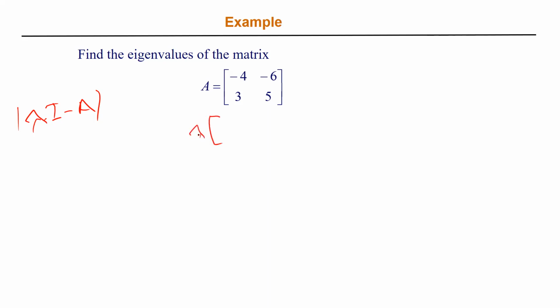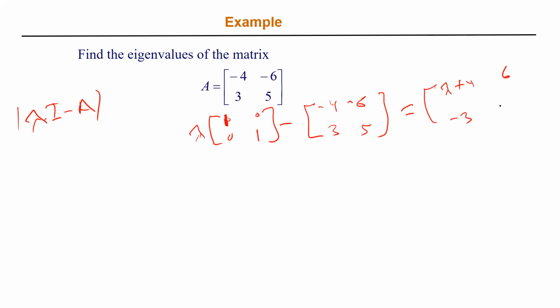So basically, we will have lambda times [1, 0; 0, 1] minus A, which is [-4, -6; 3, 5]. This will give me lambda plus 4 and 6, and in here minus 3 and lambda minus 5.